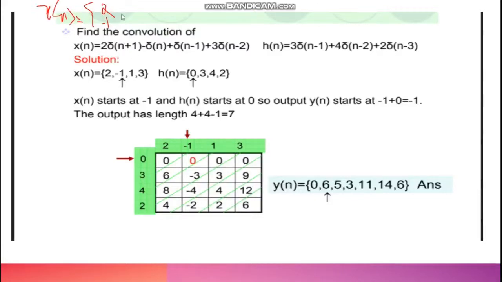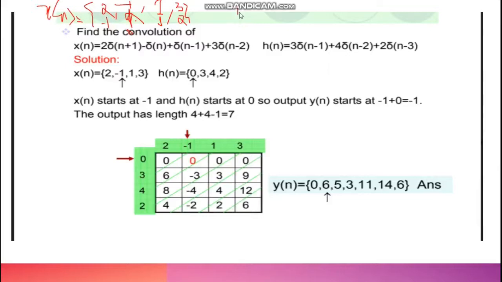Plus minus 1 into del of n, so the value is minus 1, and del of n means the position is 0. Plus 1 into del of n minus 1 means the value is 1 with position 1, and 3 into del of n minus 2 means the value is 3 with position 2.